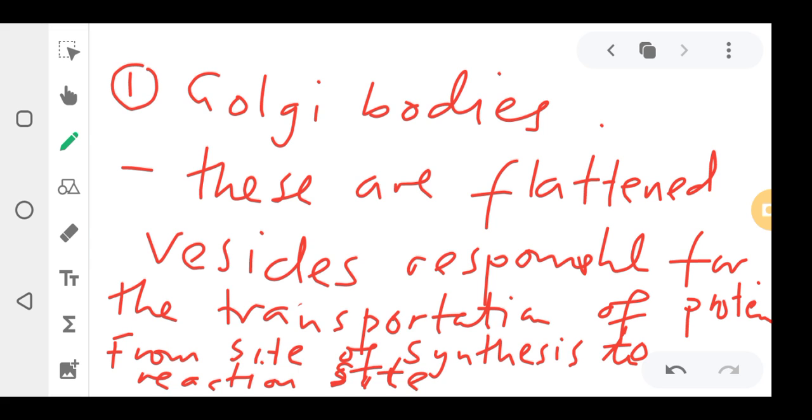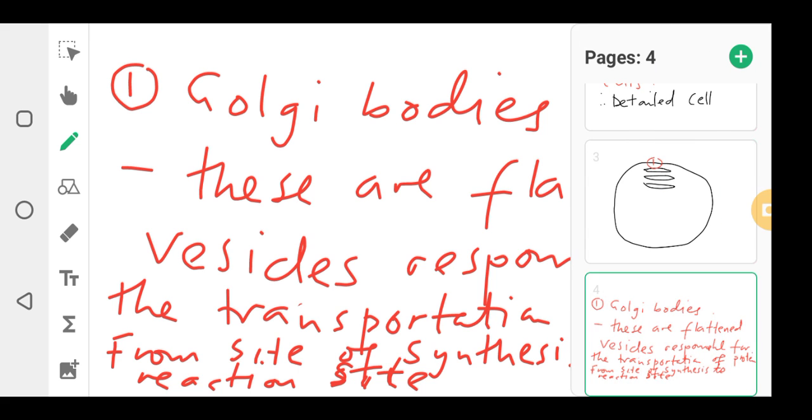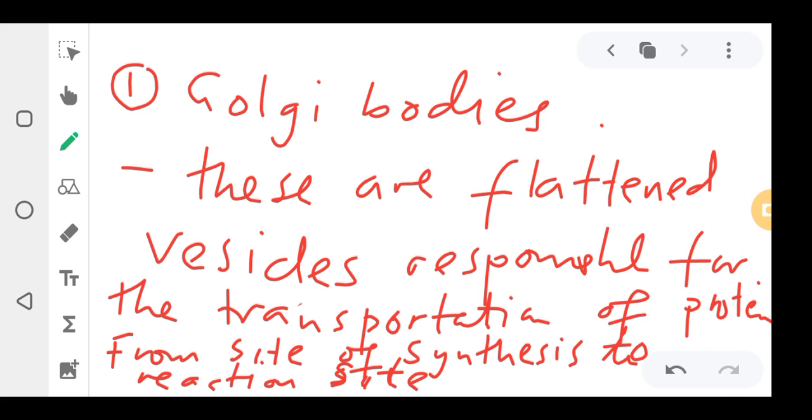So they transport proteins. When I say proteins, I mean proteins like enzymes. That is their role. Golgi bodies transport proteins like enzymes from the point where they are produced to the point where they react, from the point of synthesis to the point of reaction.